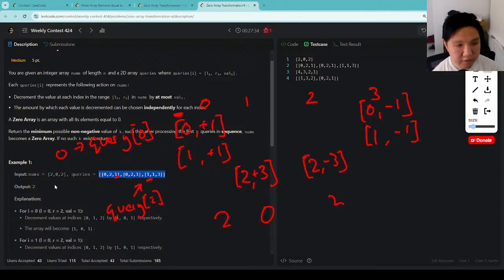Oh, interesting. So it has 7. Why is it 7? It's with 4, 6, 8.